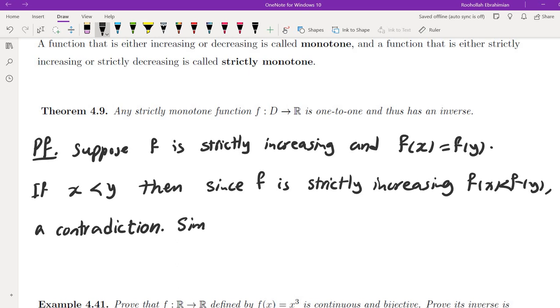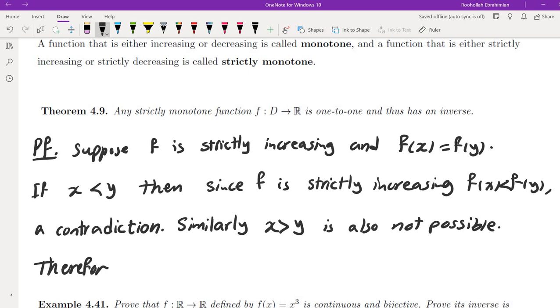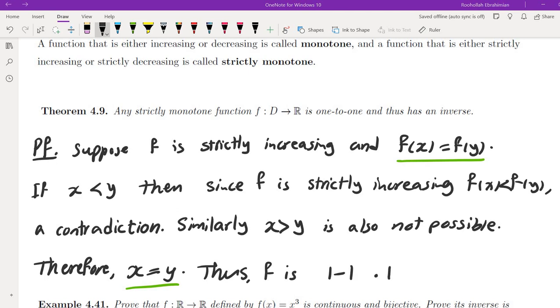Similarly, x greater than y is also not possible. Therefore, x must be equal to y. That means I deduced from f of x equals f of y that x must be equal to y. Thus, f is one-to-one. And if f is one-to-one, then it must have an inverse, as we discussed earlier.